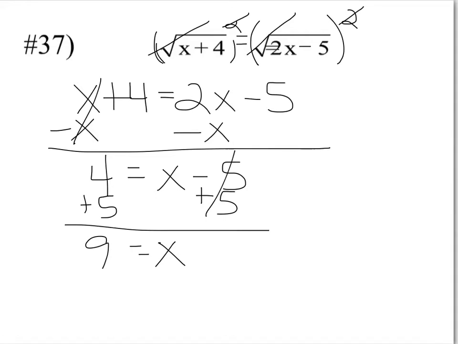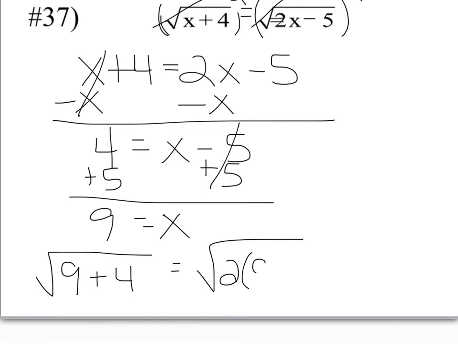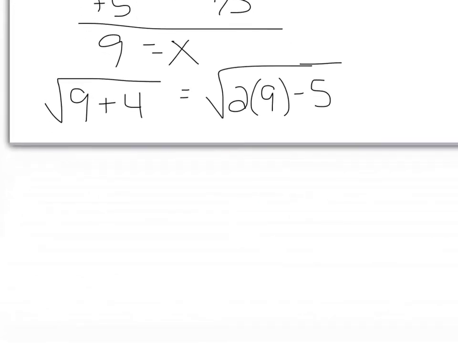Now that I have that, I need to plug it back in and make sure that I am correct. So I'm going to plug back into the square root of x, which we said is 9, plus 4 equals the square root of 2x, which again we said is 9, minus 5. Let's see if it works out. 9 plus 4 is 13.